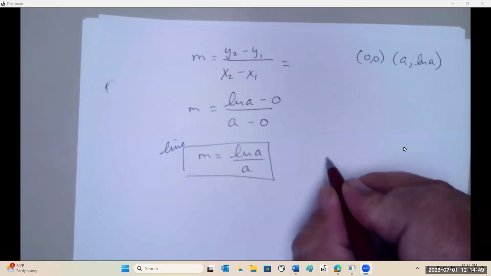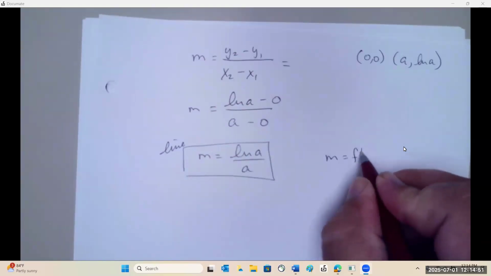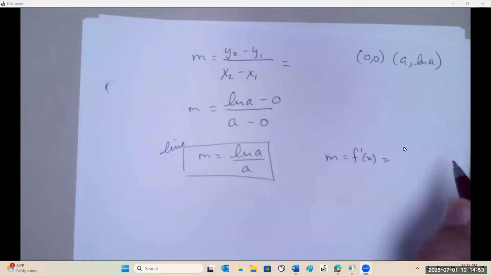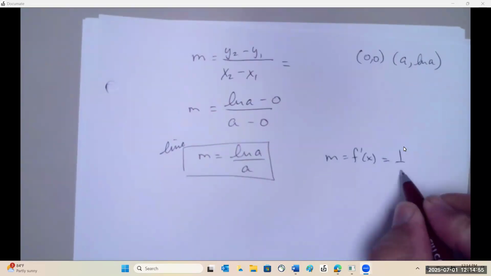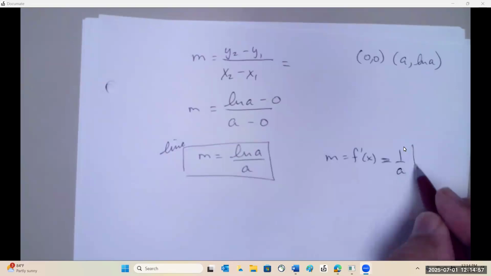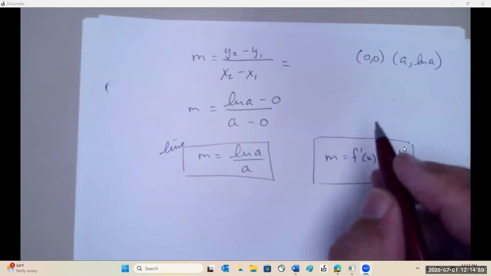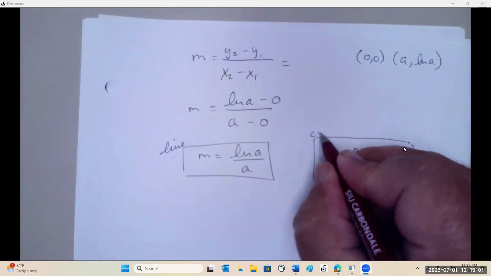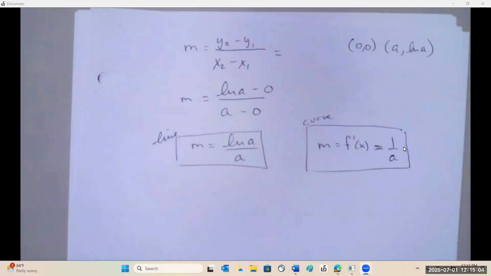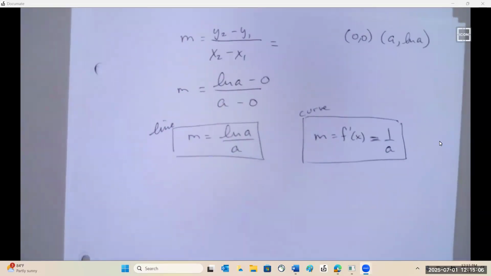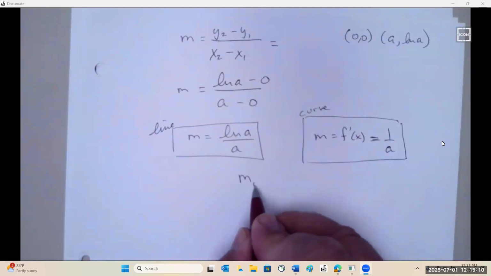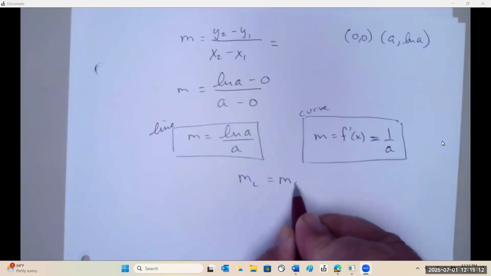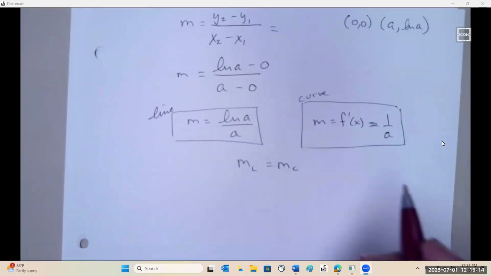And the other one, the slope was the first derivative, which was 1 over A. I'm going to set them equal to each other.